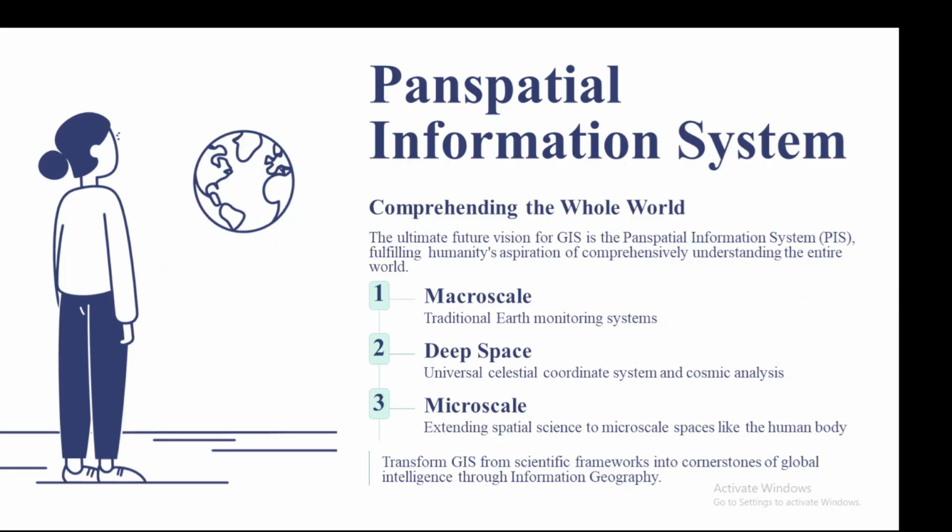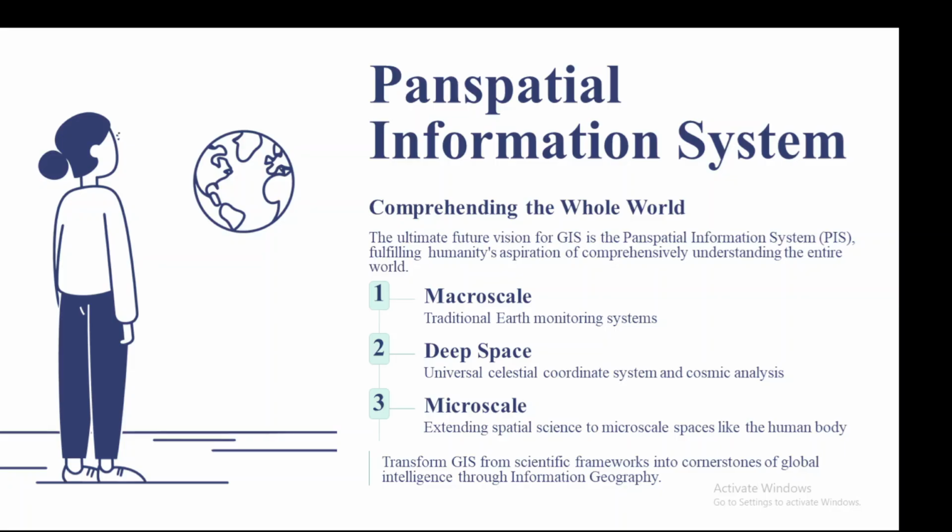Macro scale, when we talk about the planetary level, continues what GIS already does: monitoring earth systems, tackling land use change, climate, and material transfers across different continents, that is imports and exports. Also deep space, that extends GIS into the cosmos, mapping planetary bodies, analyzing asteroid trajectories, or building a universal celestial coordinate system to support deep space missions.